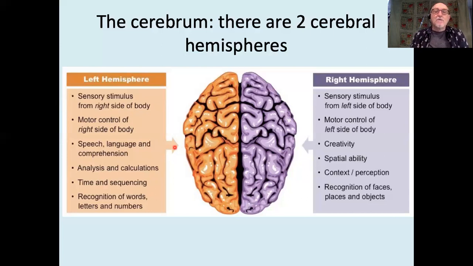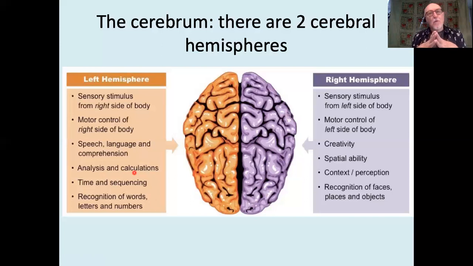But there are other roles which are kind of accorded to these hemispheres. In general, the left hemisphere is considered to be more dominant in activities like speech, language, comprehension, analysis, calculations.